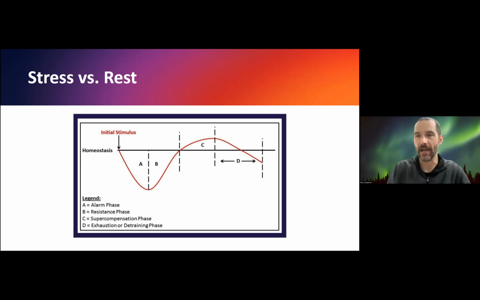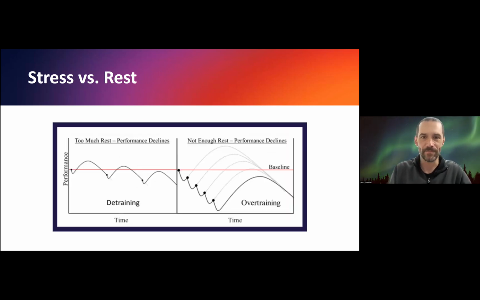And then, of course, over time, if you don't do another workout, you start to lose that fitness again. So that's just what a single workout looks like. Next slide.